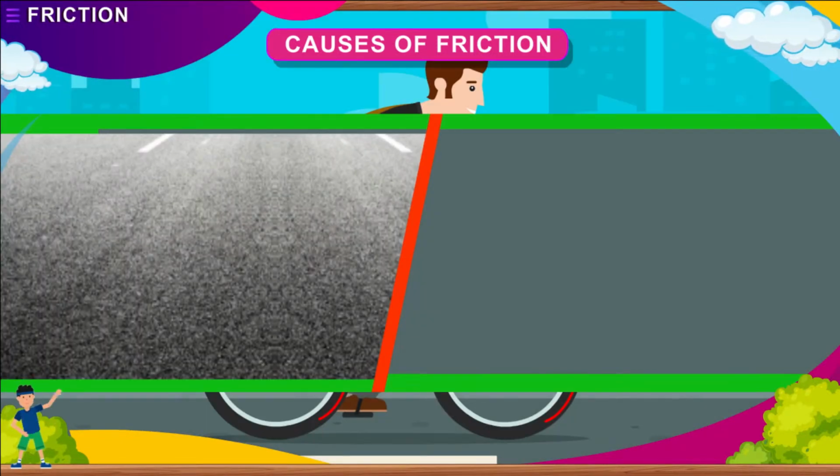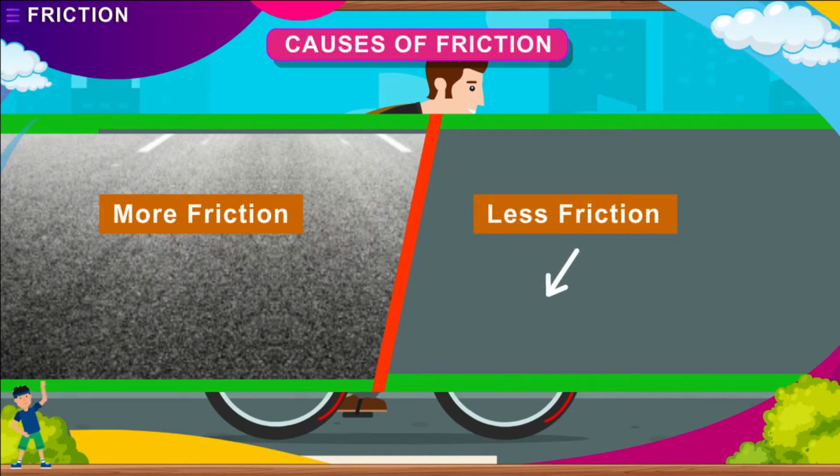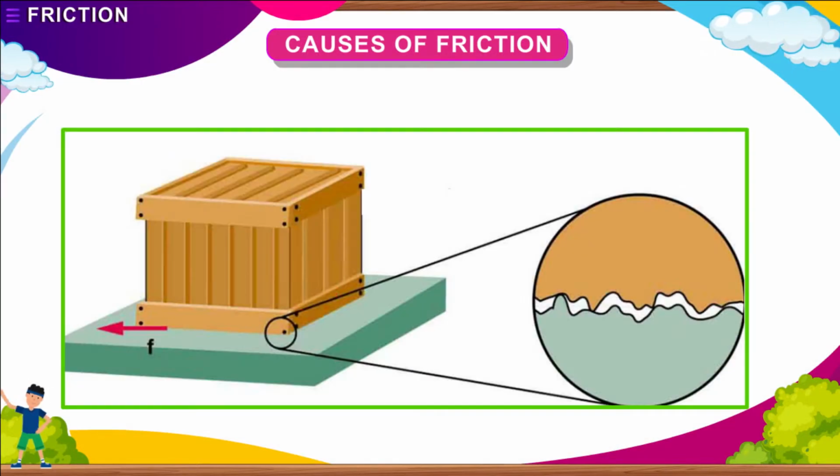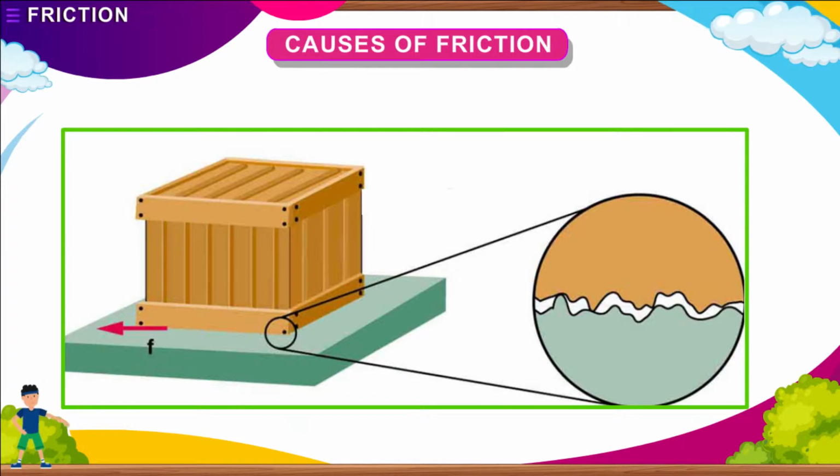This clearly shows that the friction is more when the surface is rough and friction is less when the surface is smooth. The friction depends on the interlocking of two surfaces. If the force of adhesion is greater than the force of cohesion, the friction is more and vice versa.